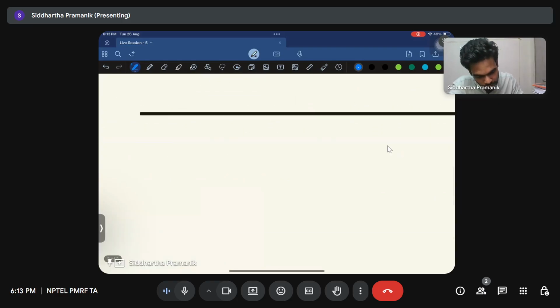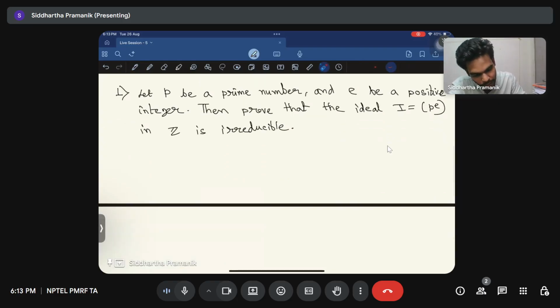So the question is very simple. We need to prove that this ideal is irreducible. So how to prove that an ideal I is irreducible? What is the definition?